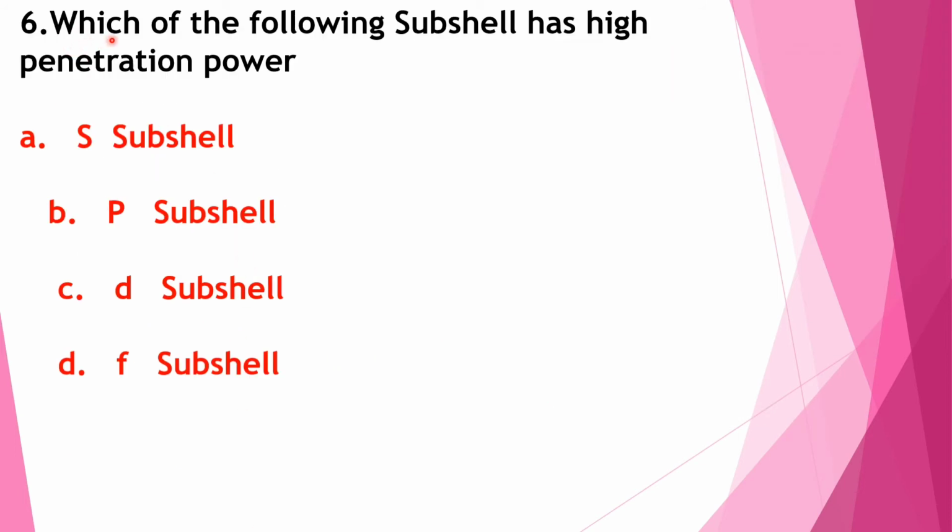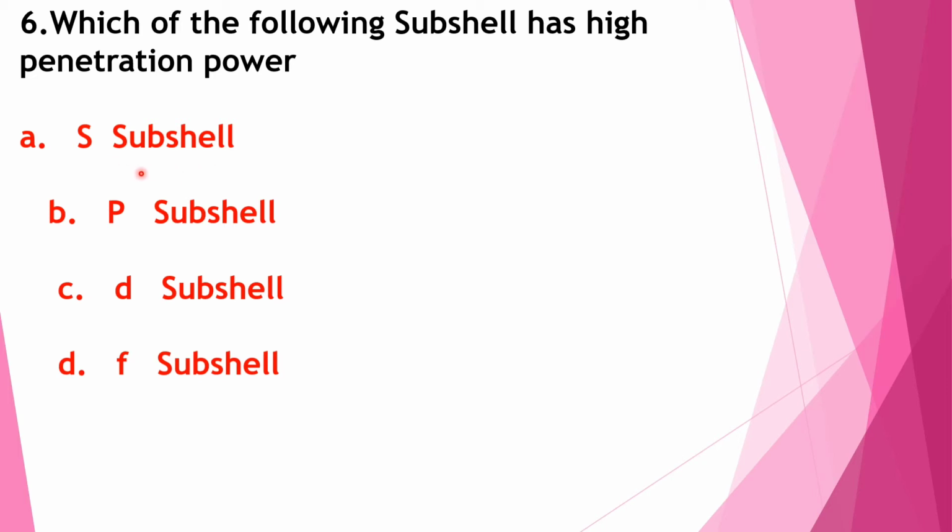Sixth question: which of the following subshells has high penetration power? A high value of penetration power means the tendency to attract electrons by a subshell towards itself. Whether the subshell can attract electrons depends on how close the subshell is to the nucleus.